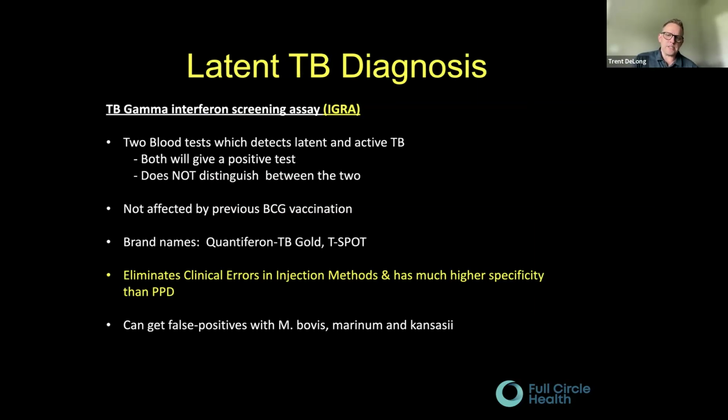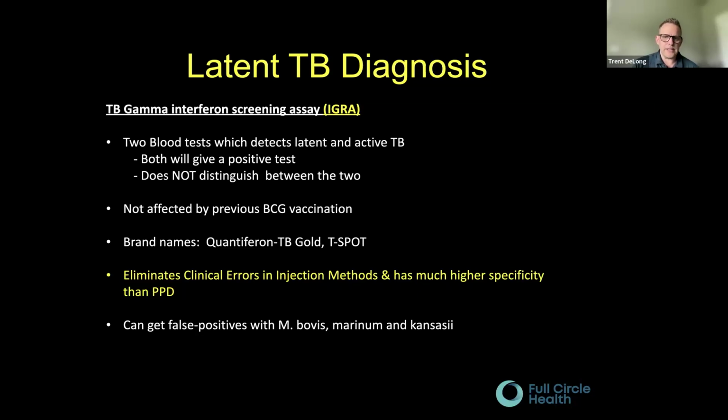Latent TB can additionally be diagnosed using IGRA testing, which is 2 separate blood tests which detect latent and active TB. Both will give a positive test, but they do not distinguish between active or latent TB.